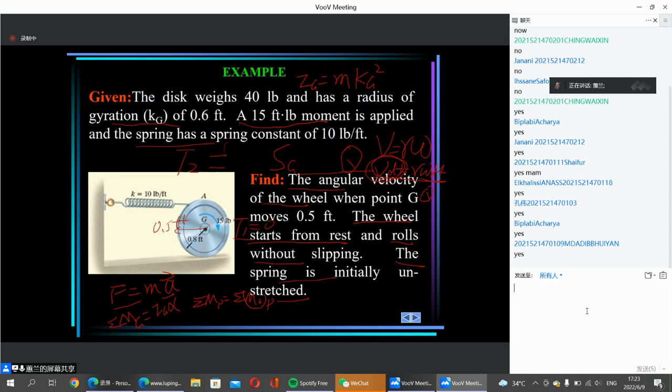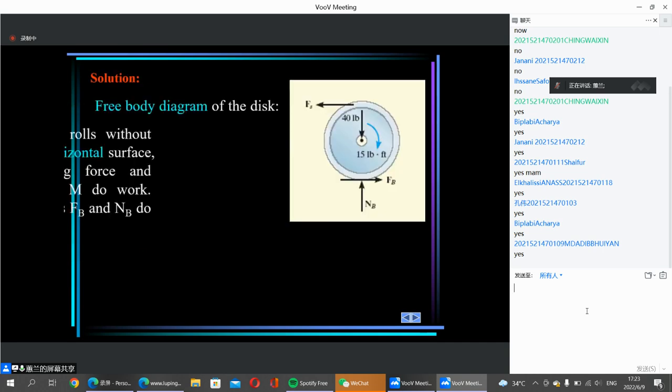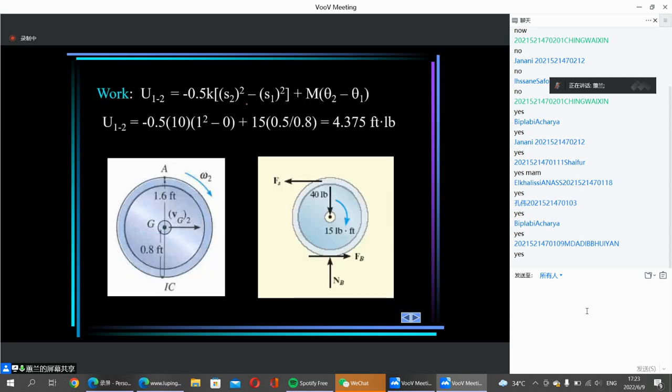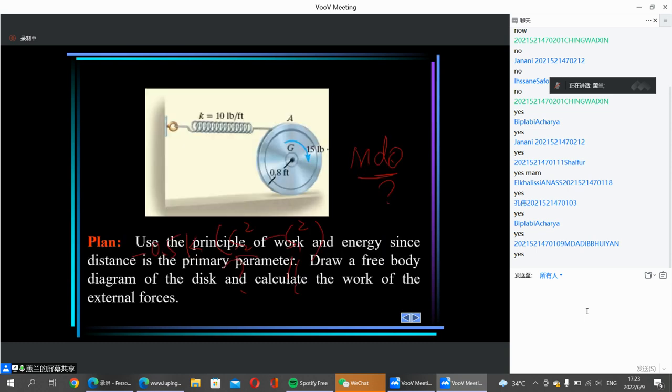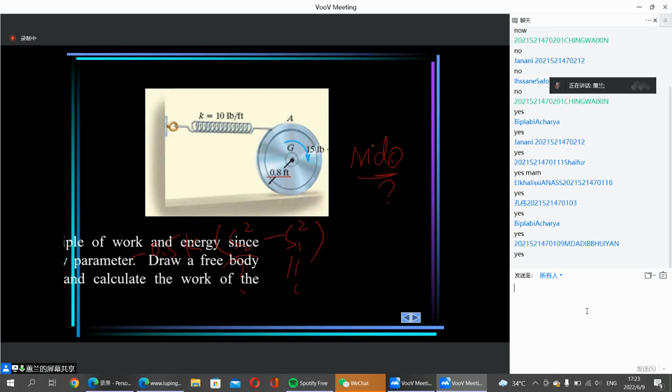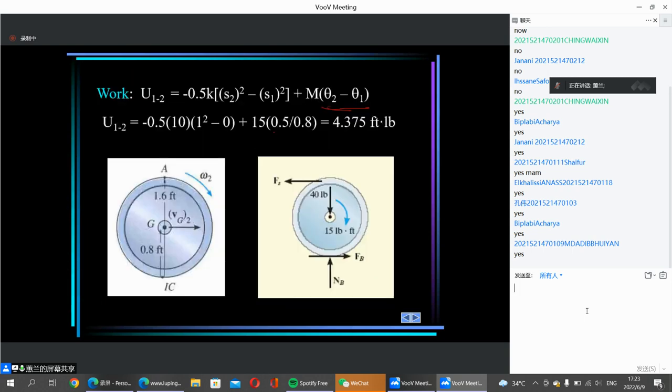So the angular displacement theta, because here this is the radius, and the displacement of point G is 0.5, just as we have analyzed, the angular displacement should be 0.5 divided by the radius.